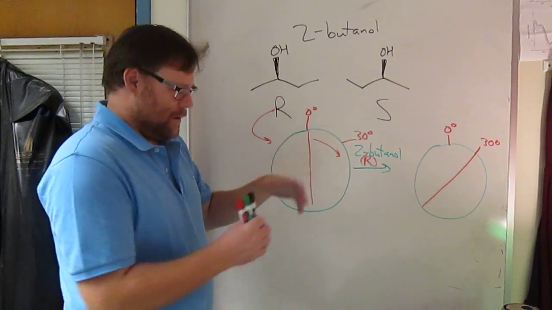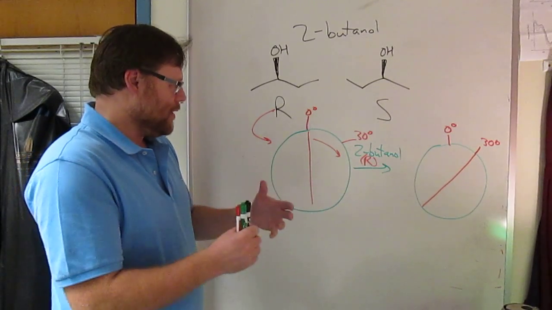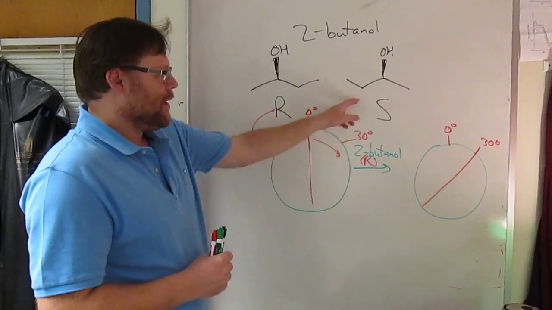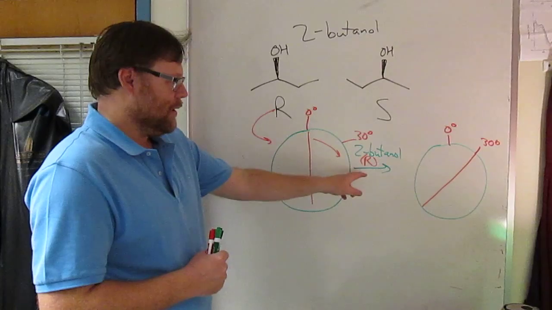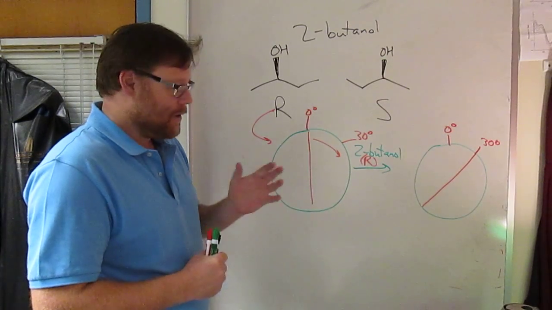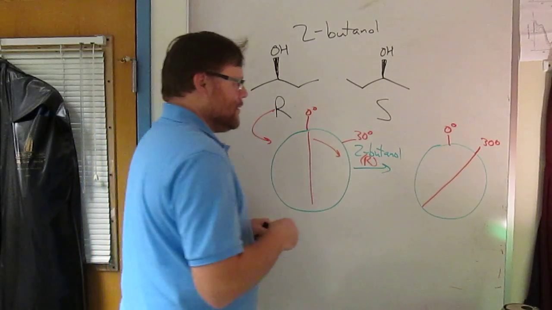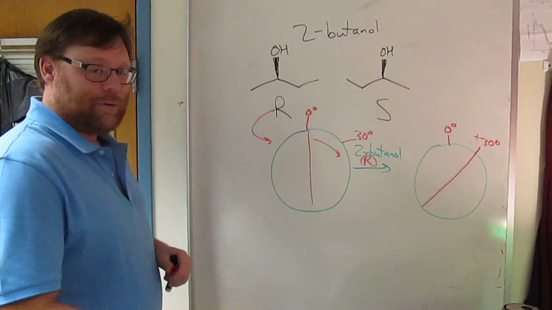So R 2-butanol, under certain conditions, 1 molar concentration, 1 centimeter path length, rotates the light 30 degrees. What do you think the rotation will be if you put S 2-butanol in place of R 2-butanol? So plus 30 degrees. The rotation is plus 30 degrees when we pass the light through R 2-butanol.